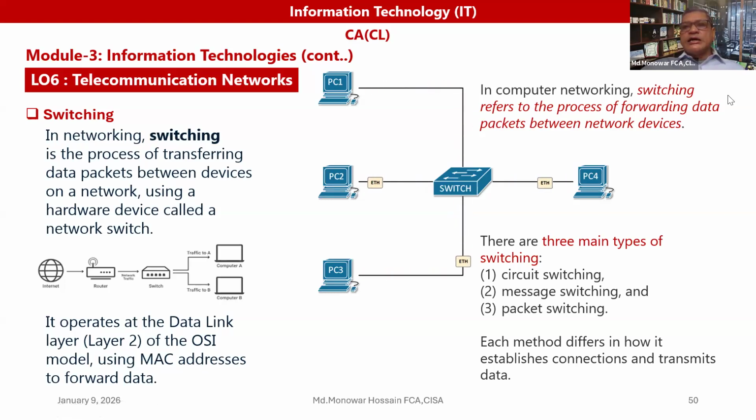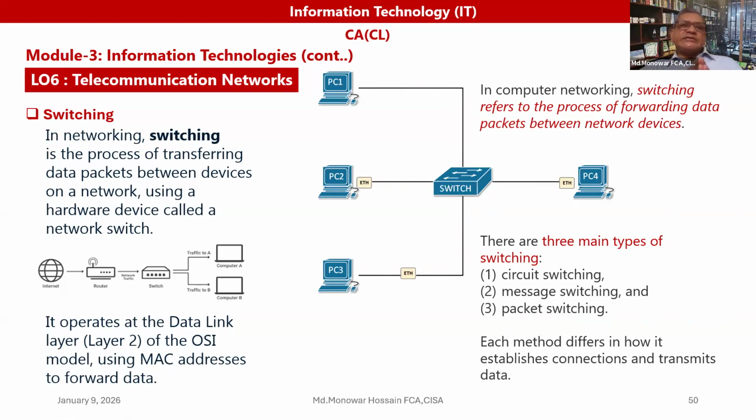And we know computer network switching refers to the process of forwarding data packets between network devices. There are three main types of switching: circuit switching, message switching, and packet switching. Each method differs in how it establishes a connection and transmits data.